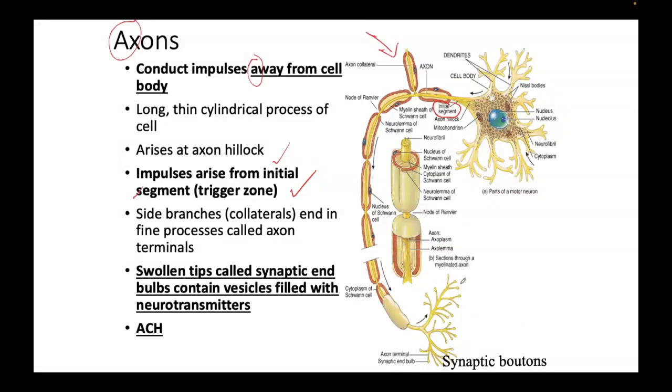The swollen tips at the end, right? These are filled with neurotransmitters. And if this was the neuromuscular junction, then the neurotransmitter that's released there is acetylcholine. That's why eggs are so important to eat, because when you look at the egg, the yolk is filled with choline, acetylcholine. So it's very, very important for neurological function.